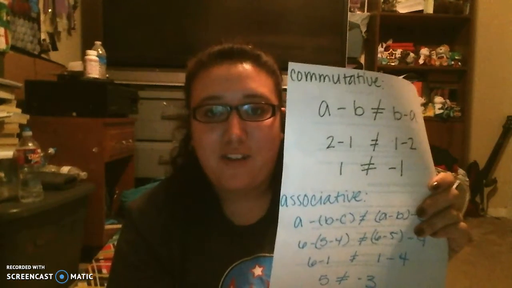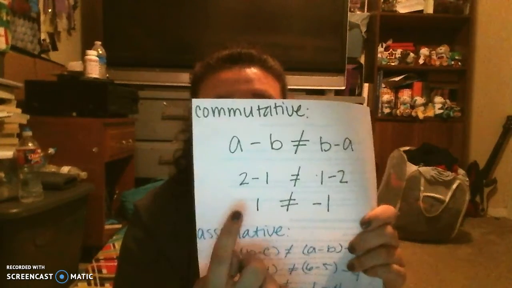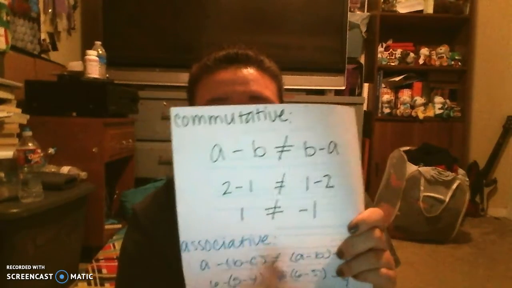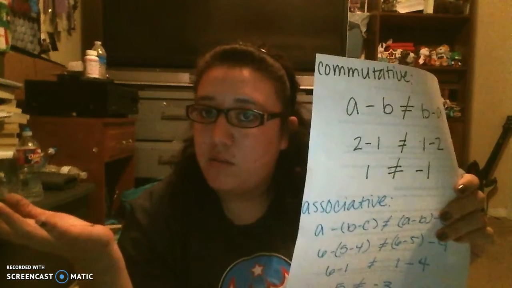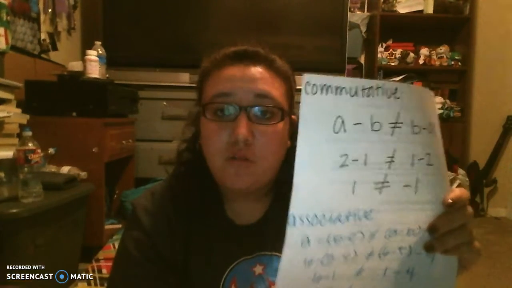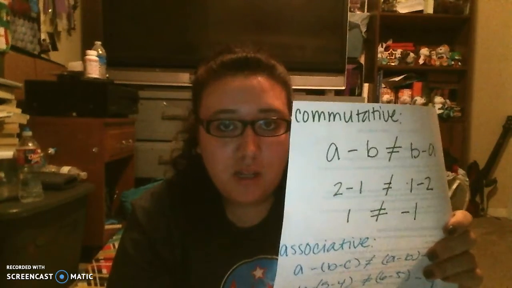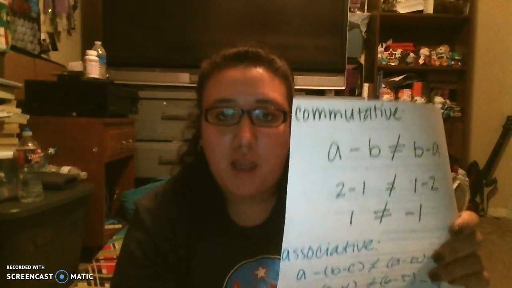Right, the same answer. Well, you can't get that with subtracting. You have 2 minus 1 and 1 minus 2. This gives you a 1 and a negative 1. So what does that mean? Do they equal or not equal? Right, they do not equal. So what are you looking for again in the answer? Right, exactly the same answer.